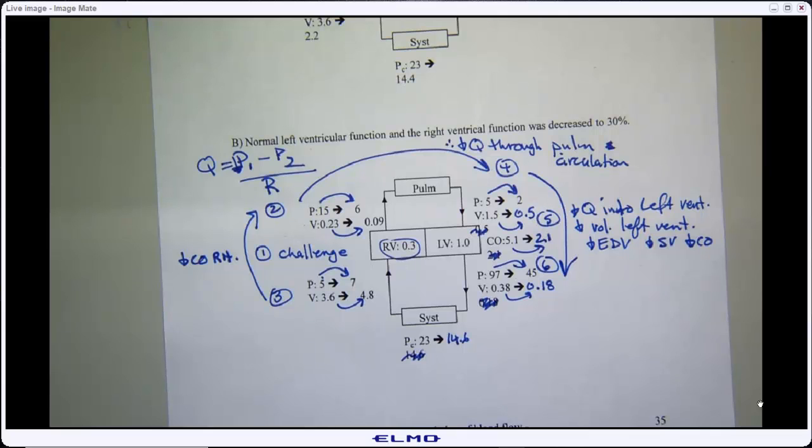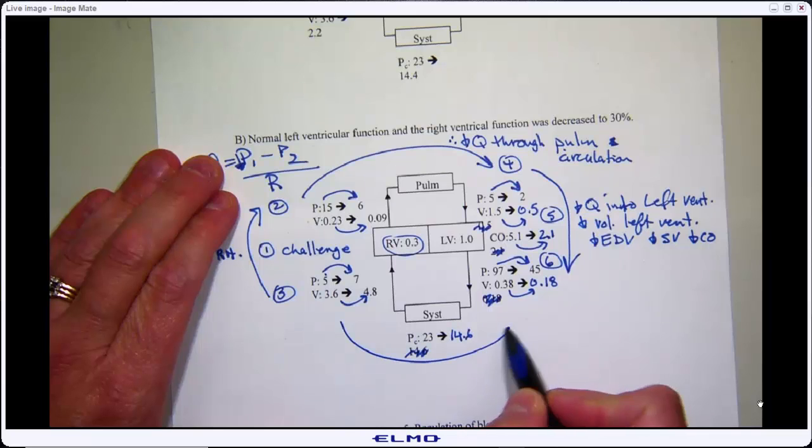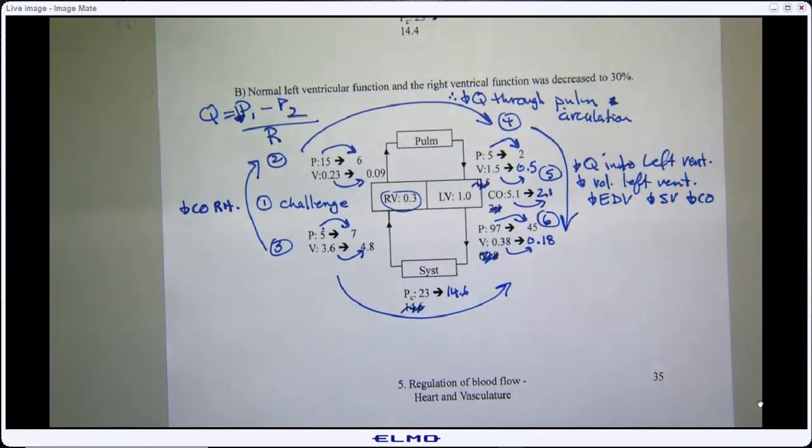But we can't completely go forward the whole way because compartments affect the ones before it. Okay, so let's think about this for a minute. Right, because the right heart was the problem, we have this increase in mean circulatory filling pressure now.